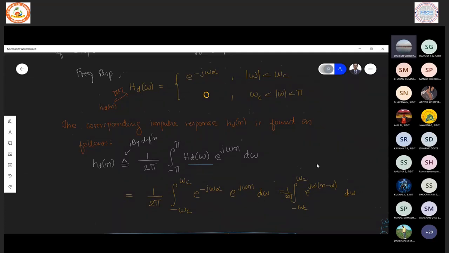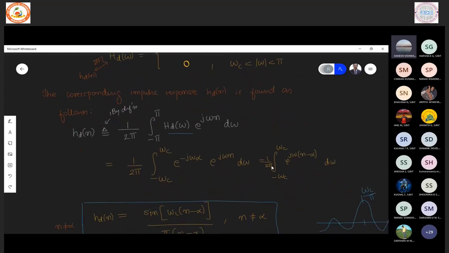Next part is simplifying. You can see 1 by 2 pi integral e power of j omega. We combine the powers, and after combining, you can write it as n minus alpha: e power of j omega into n minus alpha d omega.